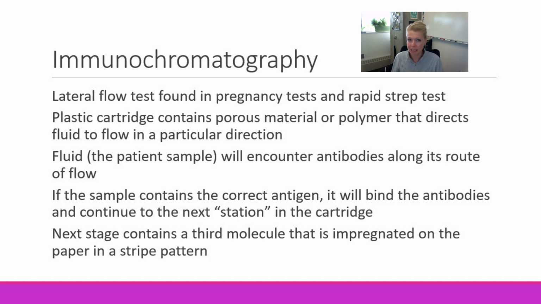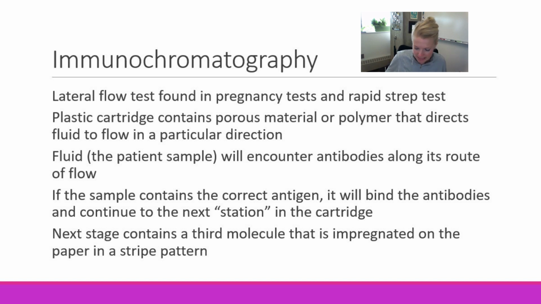And there's this cartridge or a cardstock card that has a porous material, almost like a thick filter paper. It can be cellulose, it can be a polymer of other materials, but whatever it is, it has the property that liquid will flow through it by capillary action.